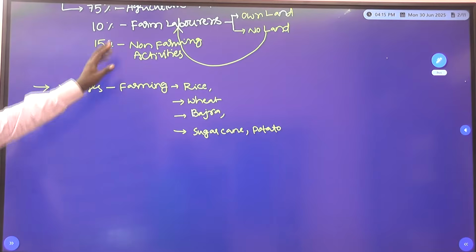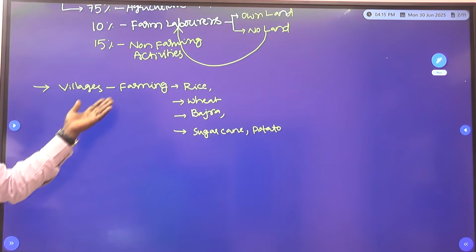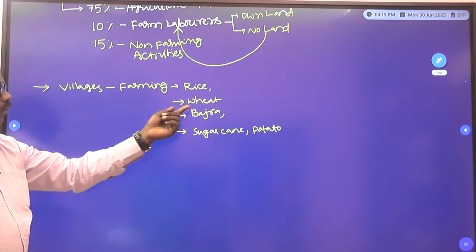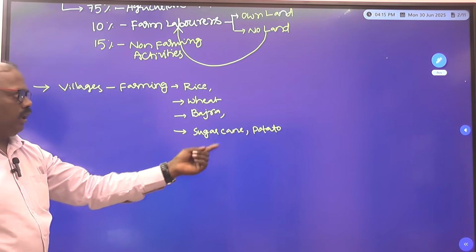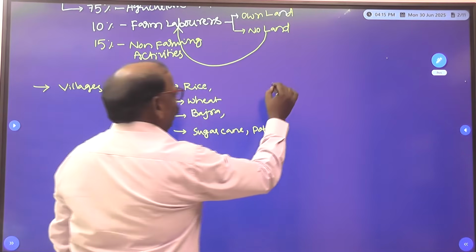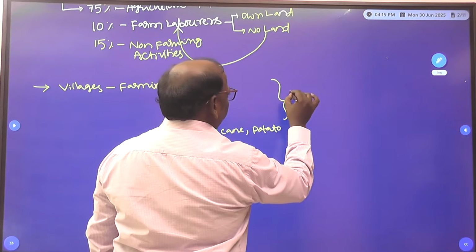So the village Palampur is farming rice, wheat, bajra, sugarcane and potato with respect to the different seasons.